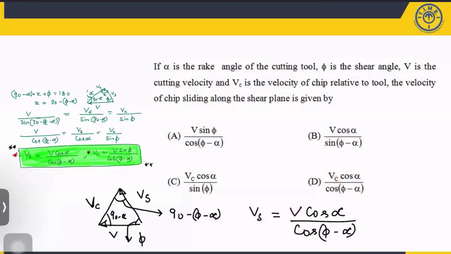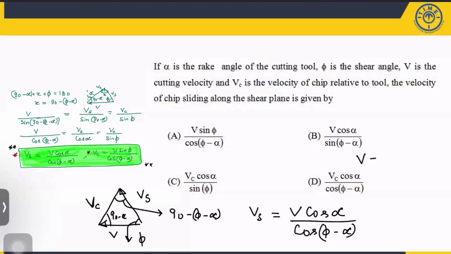That means you have to use this chip velocity relation here also. What is this V value? Because you know that the chip velocity relation is, can I write from this V, Vc cos of phi minus alpha. Just one second.